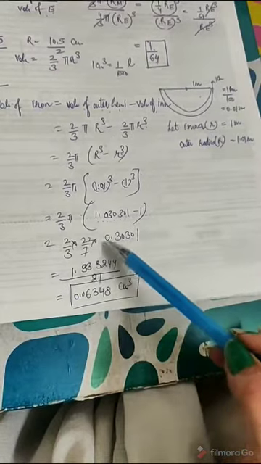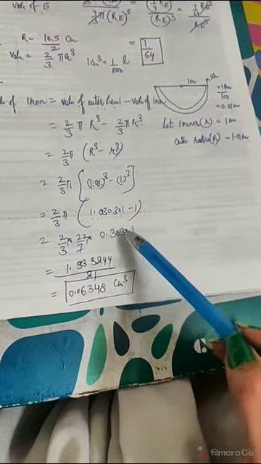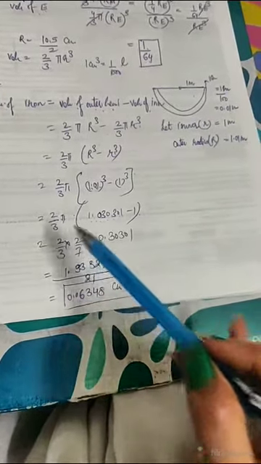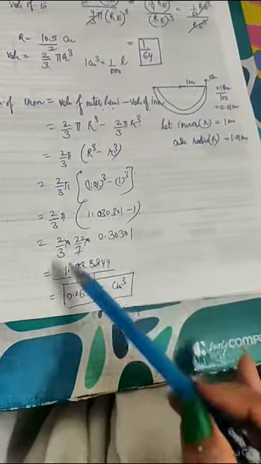When you solve it further, 2/3 into 22/7 into 0.030301, you multiply all the numerators and divide by 21. Numerators are 1.333244 divided by 21. It will be approximately 0.06348 centimeter cube.